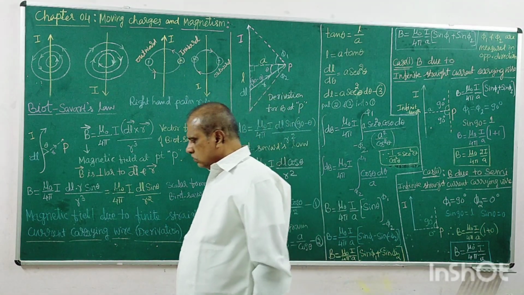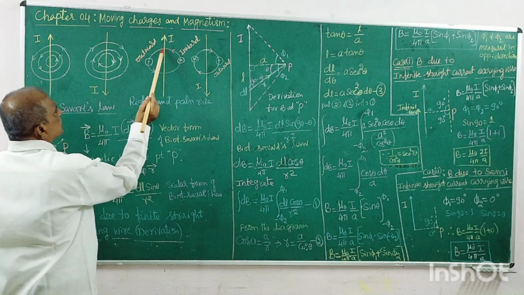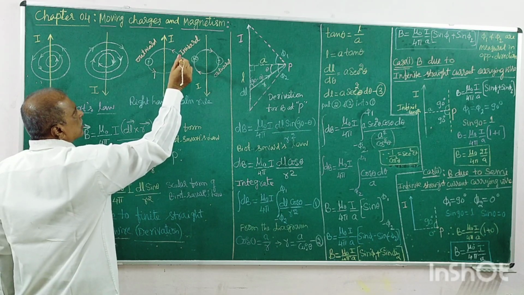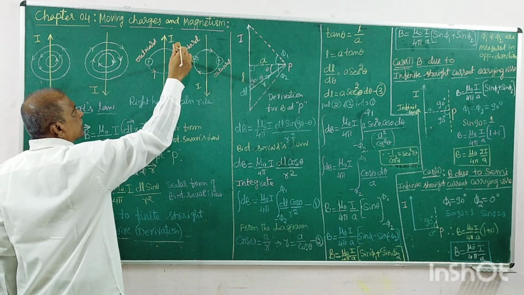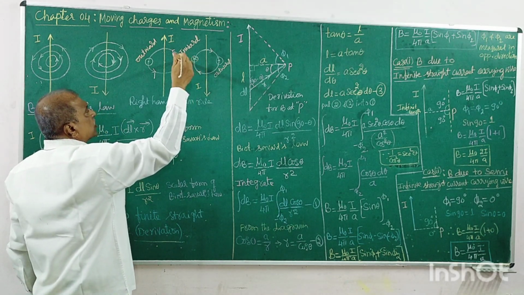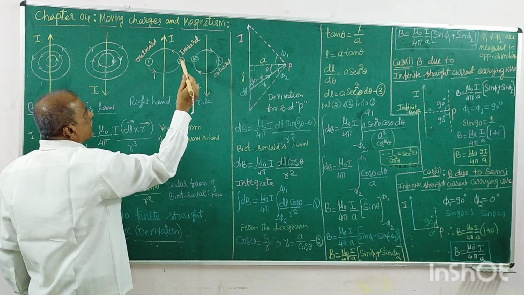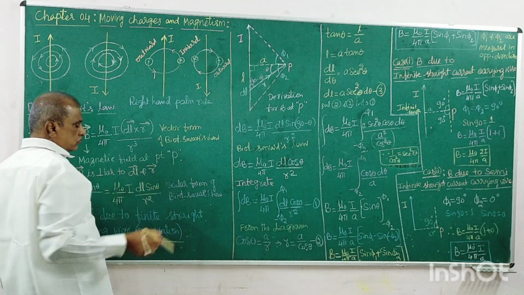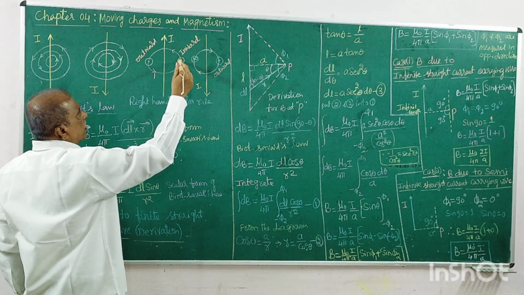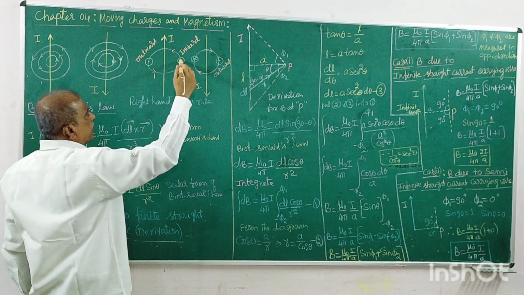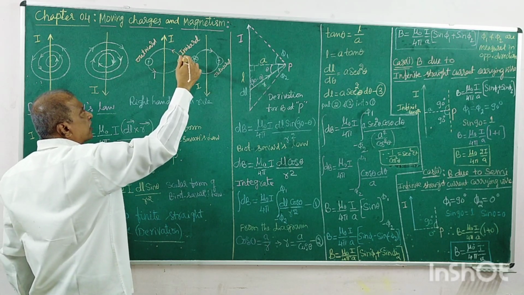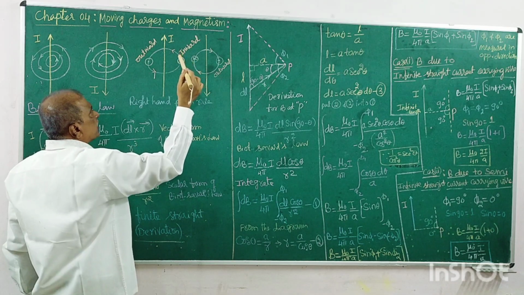The tangent at this point is always perpendicular to the line, perpendicular to the plane where the point and the line are drawn. So the direction of the magnetic field is perpendicular, either inward or outward.